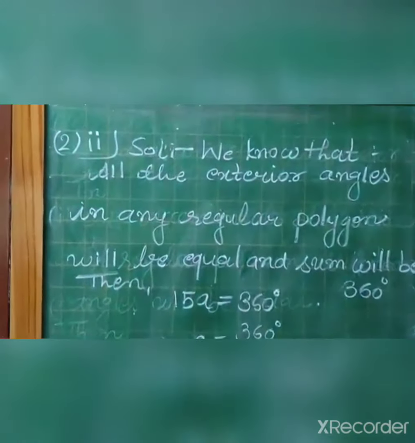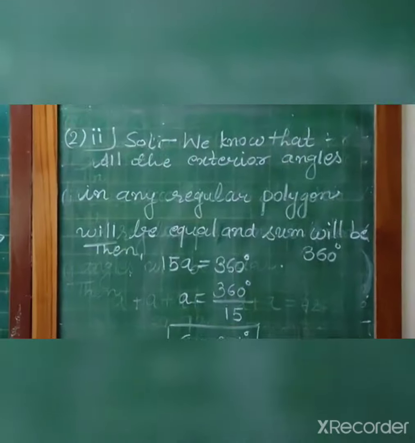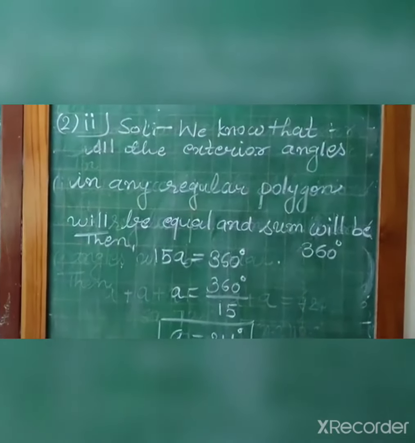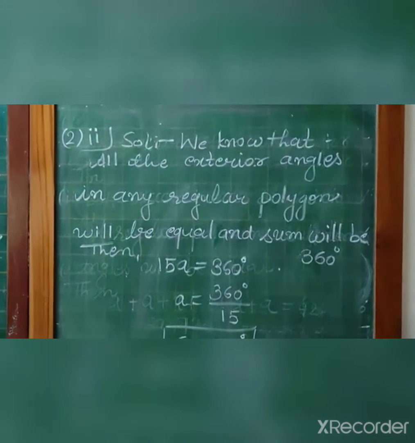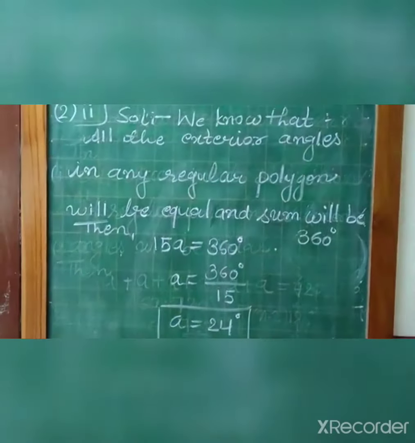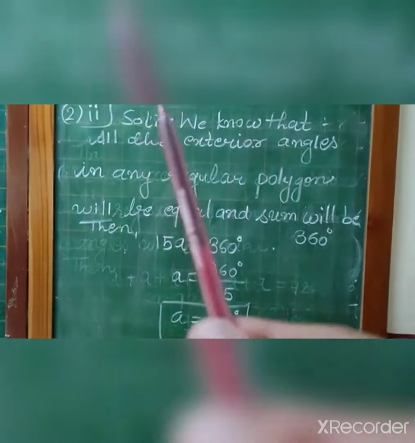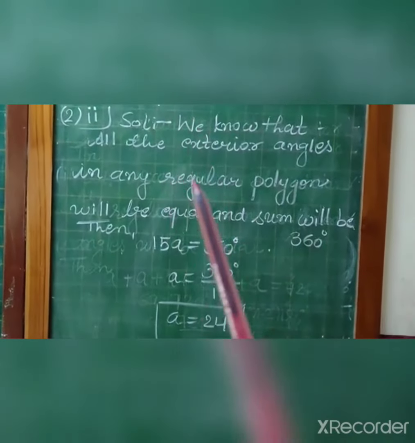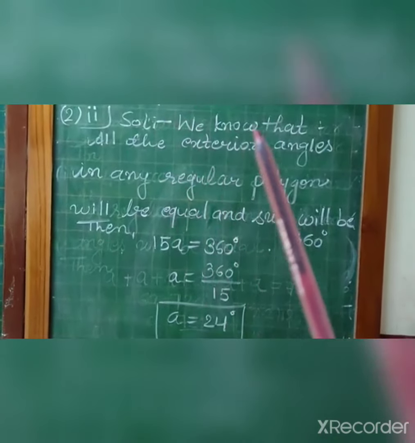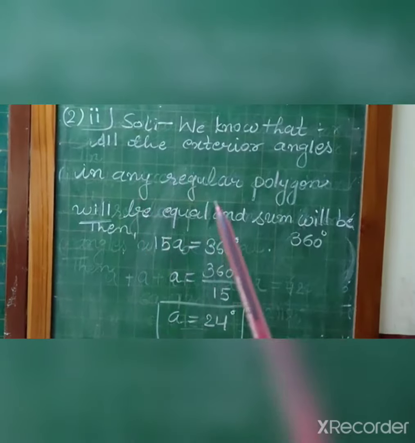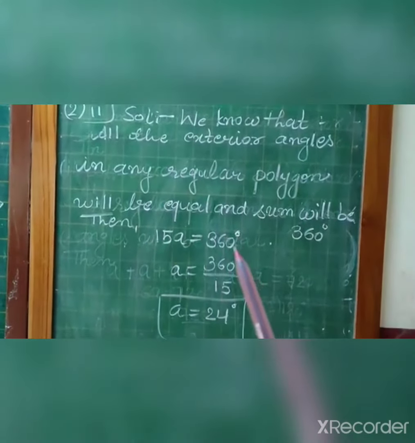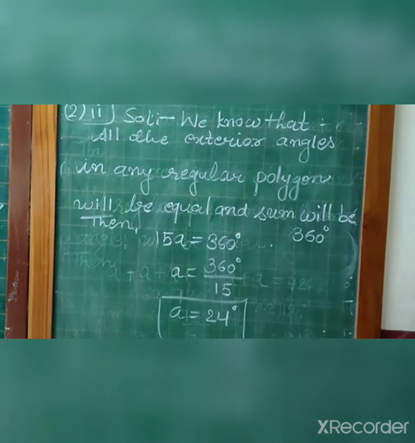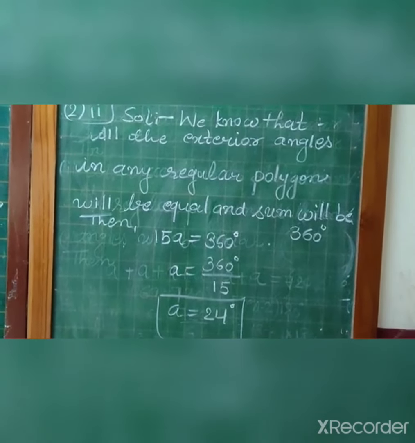The second part I am solving. We have to find the measure of each exterior angle when there are 15 sides. So we know that the measures of all the exterior angles in any regular polygon will be equal, because it is given in the question that the polygon is regular.